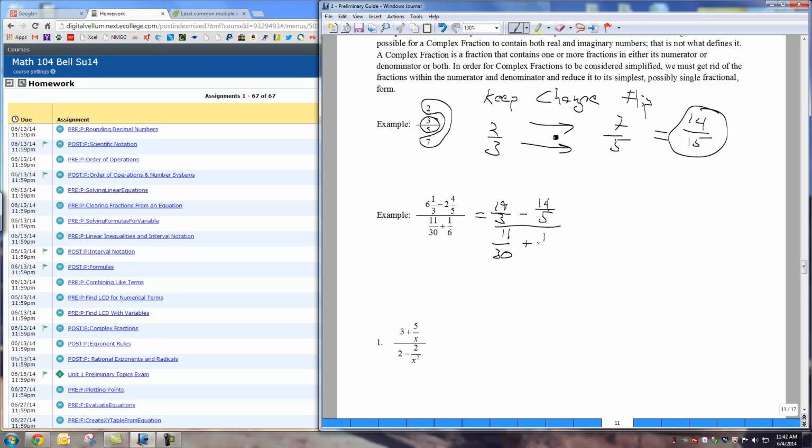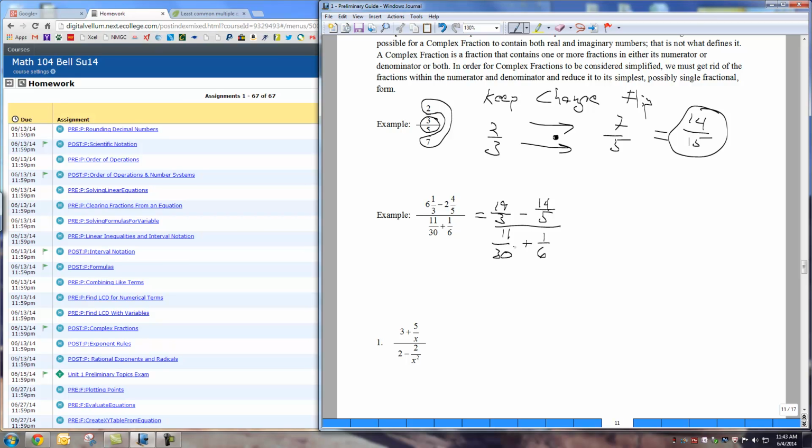So I'll just rewrite it. 11 over 30 plus 1 over 6. Now I'm not going to worry about getting all 4 denominators to be equal, because I just want to get a fraction in the numerator and a fraction in the denominator, and then I can invoke this keep, change, flip property. So 3 and 5, their least common multiple is those 2 numbers being multiplied together.